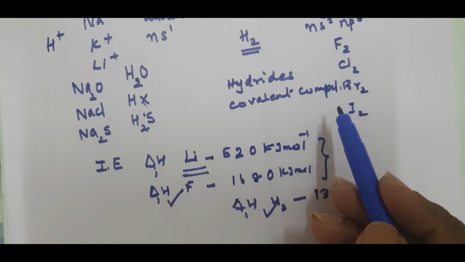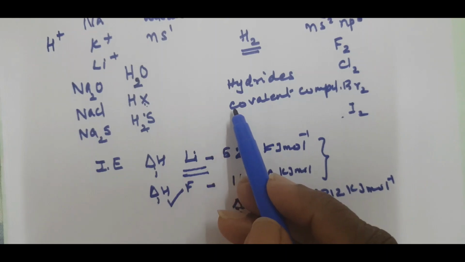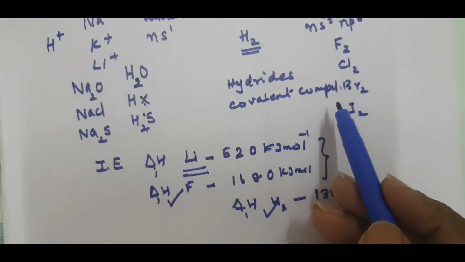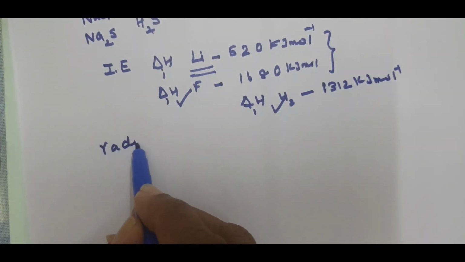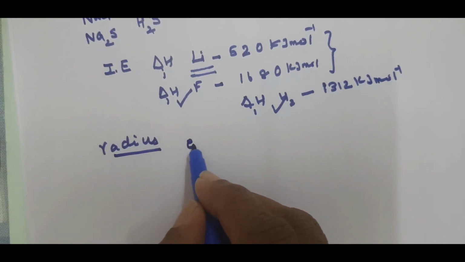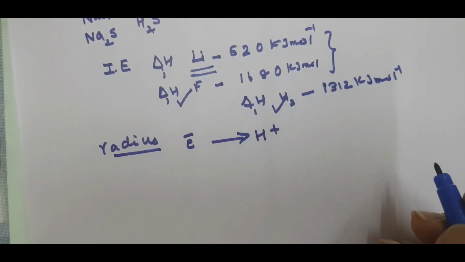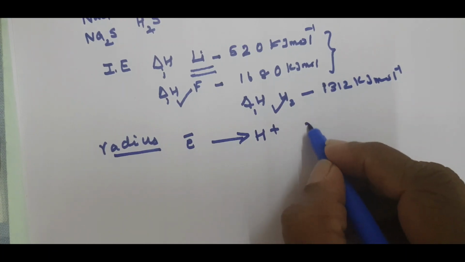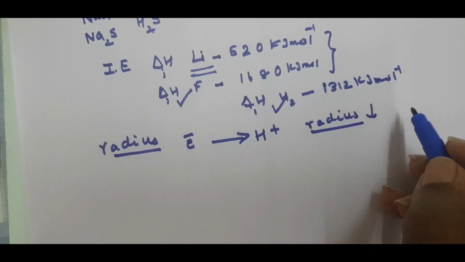So what about the difference between hydrogen and the alkali metals and halogens? When you talk about the radius, if hydrogen loses an electron to form a proton, the radius is very, very small compared with the hydrogen atom.